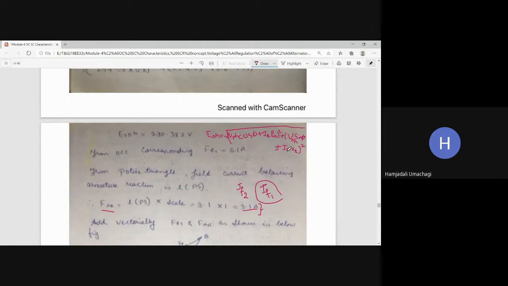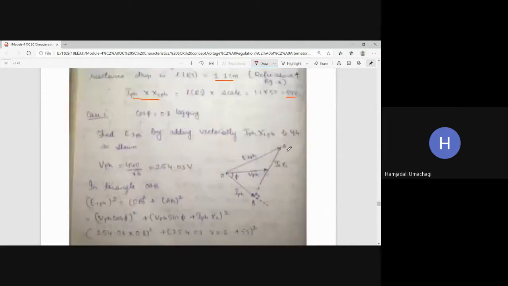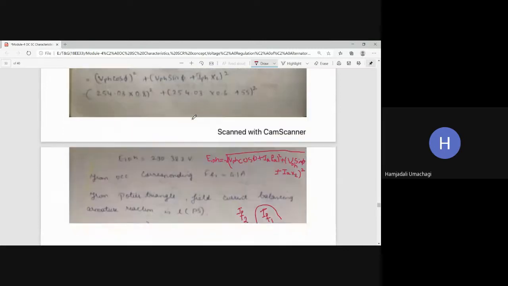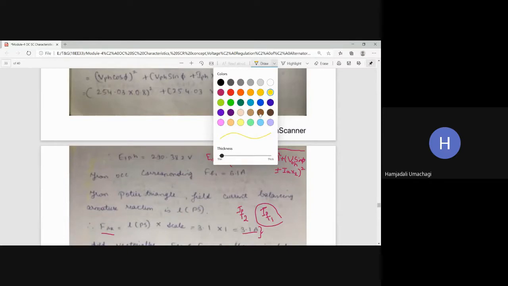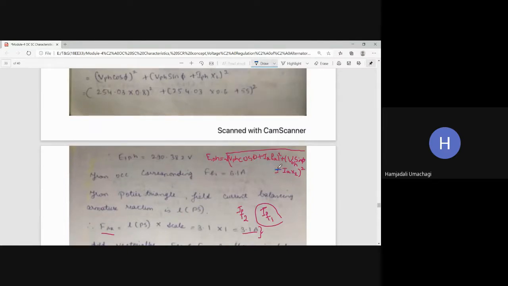But for case 1, what type of power factor have we considered? Cos phi is equal to 0.8 lag. Since it is lag, which sign should I take? I should consider the plus sign only. Getting it? Consider the plus sign now.